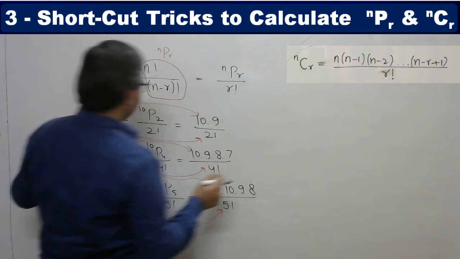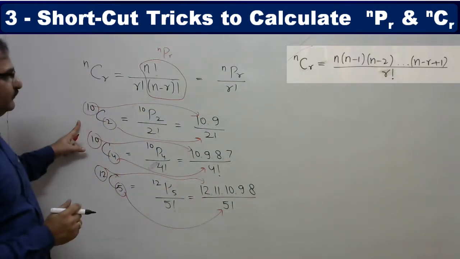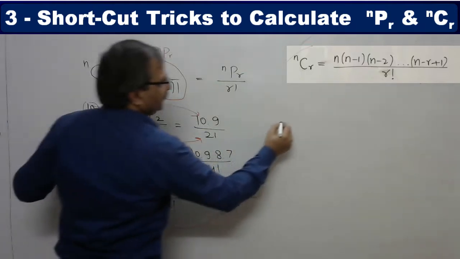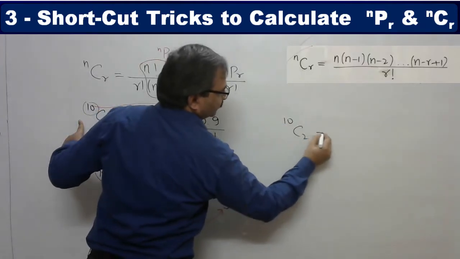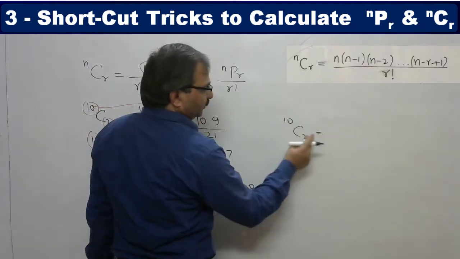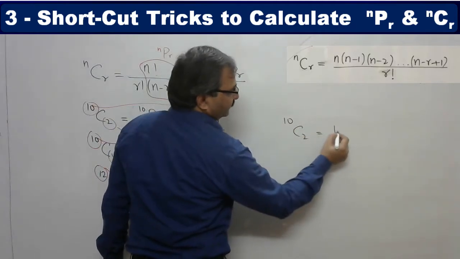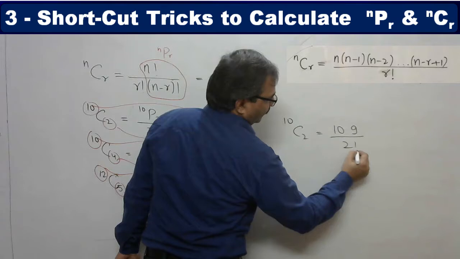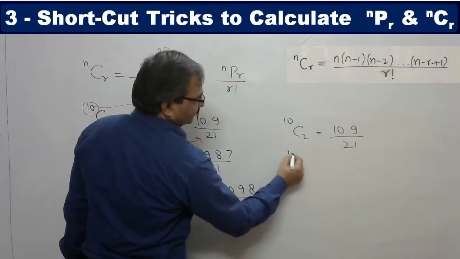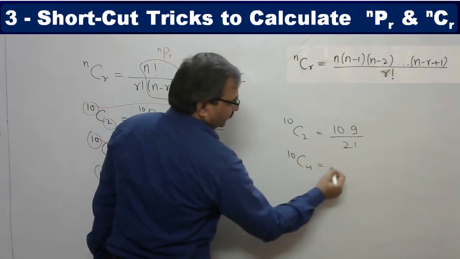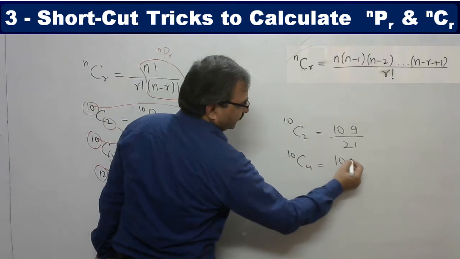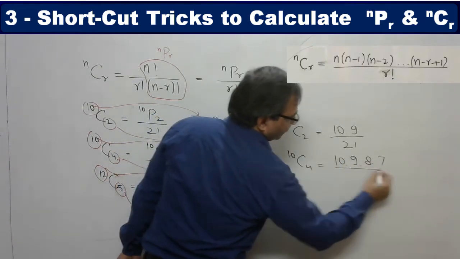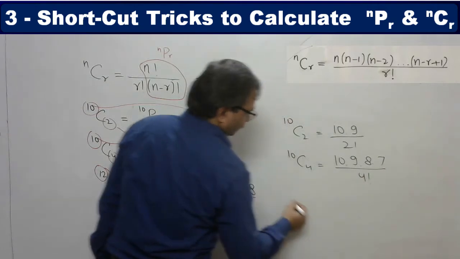Let us see for these examples how the trick is applicable. 10C2 is equal to two natural numbers in decreasing order beginning from 10, that is 10 into 9 upon 2 factorial. Next, 10C4 is equal to four numbers in decreasing order beginning from 10 upon 4 factorial.